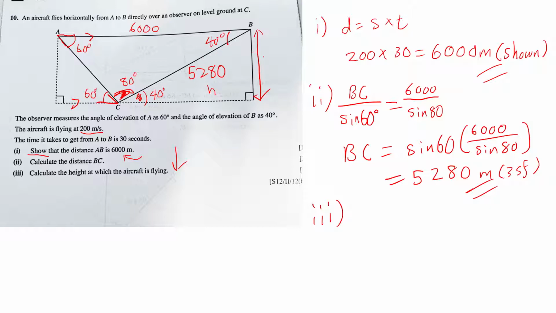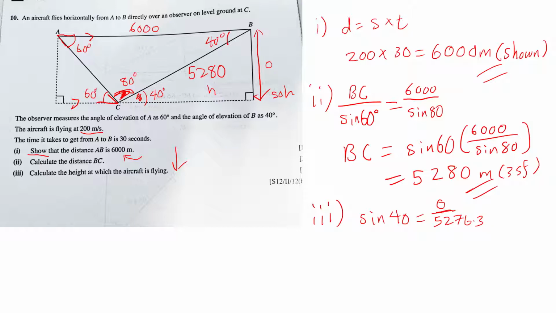We want to find this side, the opposite side. So we will use SOH. So sine 40 is equals to opposite over hypotenuse, which is 5,276.3.